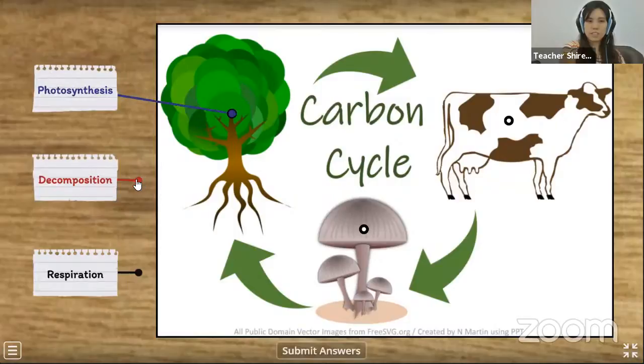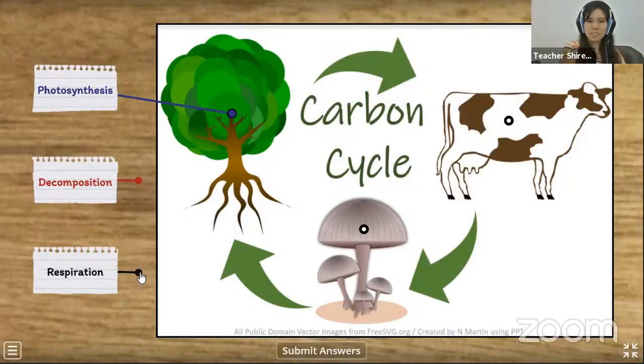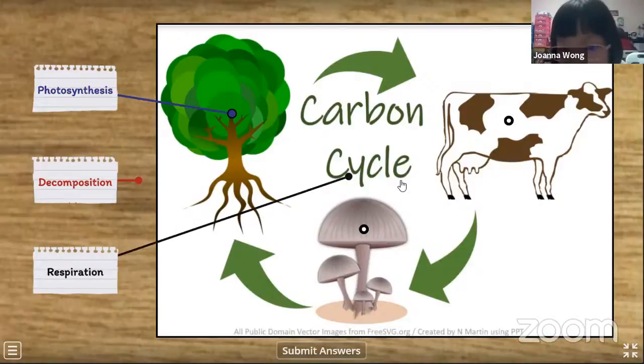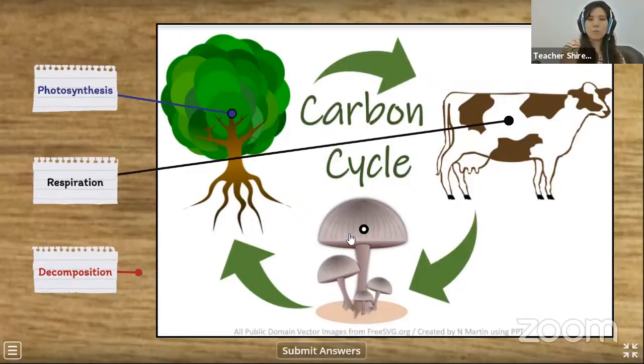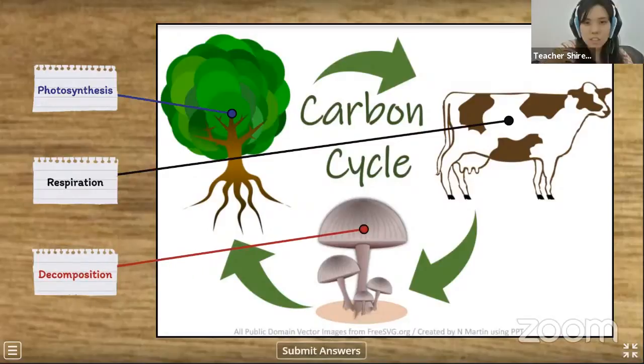Respiration, do respiration first. Respiration, what did I ask you to type? Good, which is breathing. Decomposition means 腐烂, which means that the cow dies and everything decays. That's where they provide nutrients and everything for the plant. Okay, good job.